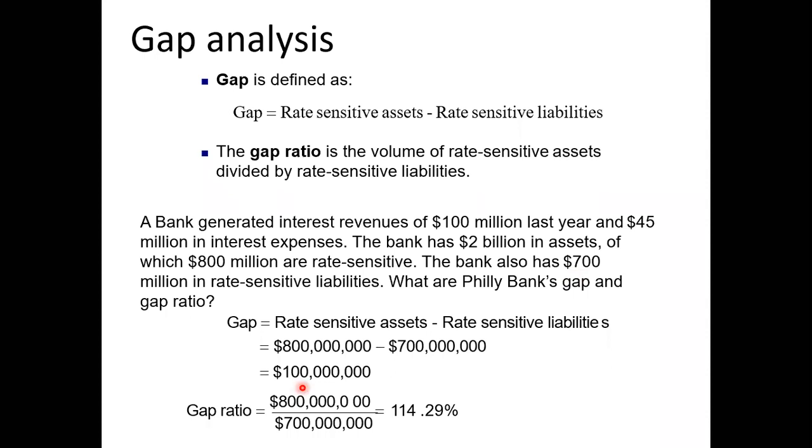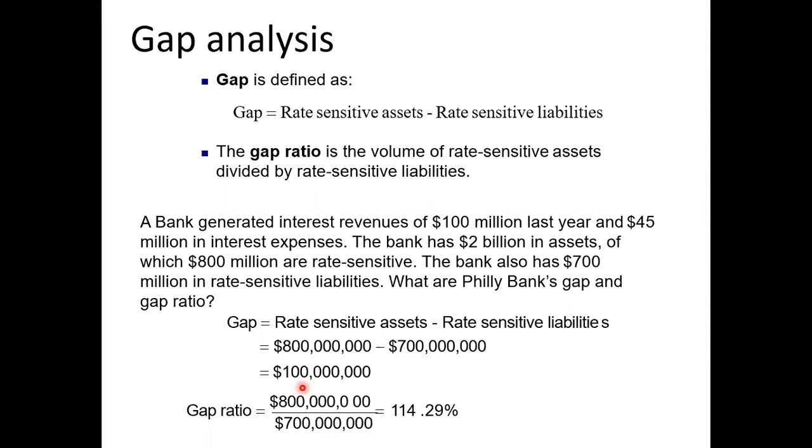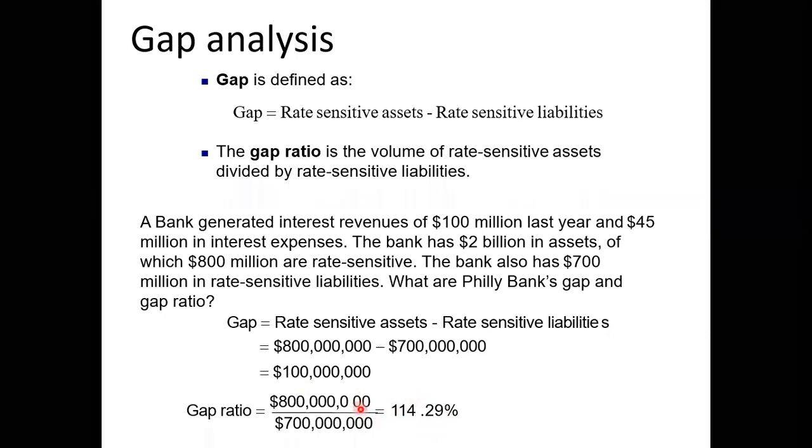It's a positive gap. The gap ratio is simply 800 million divided by 700 million, which equals 114.29%. If the gap is positive, the ratio is more than 100%. If the gap is negative, then the gap ratio will be less than 100%.